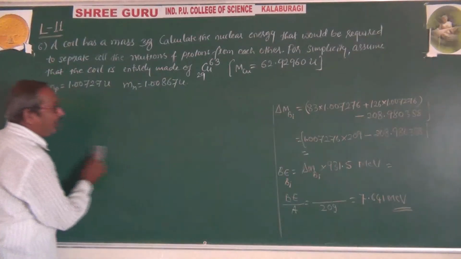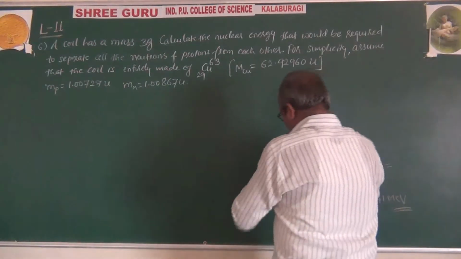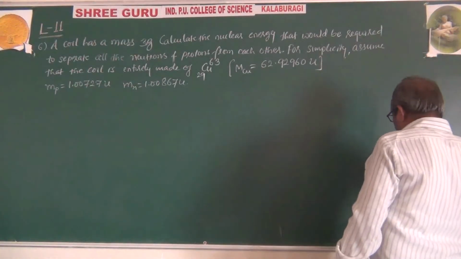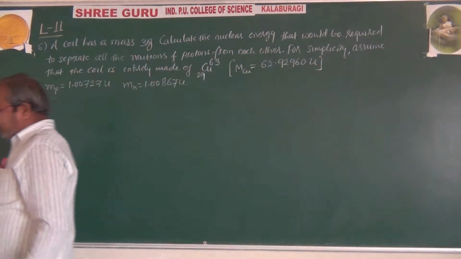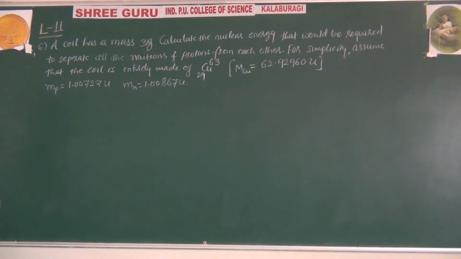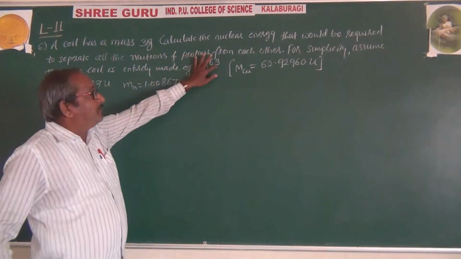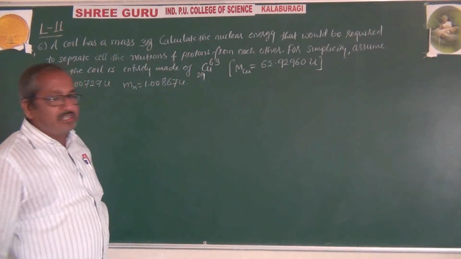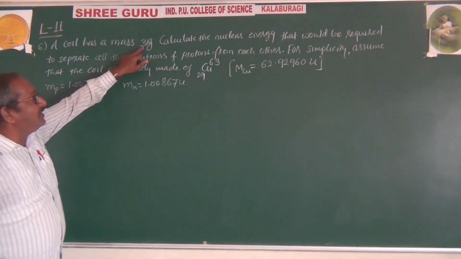So first we find out how many atoms are in 3 grams of copper. 1 gram equivalent mass of copper, 63 grams, consists of a number of atoms equal to Avogadro's number. So how many atoms are there in 3 grams?